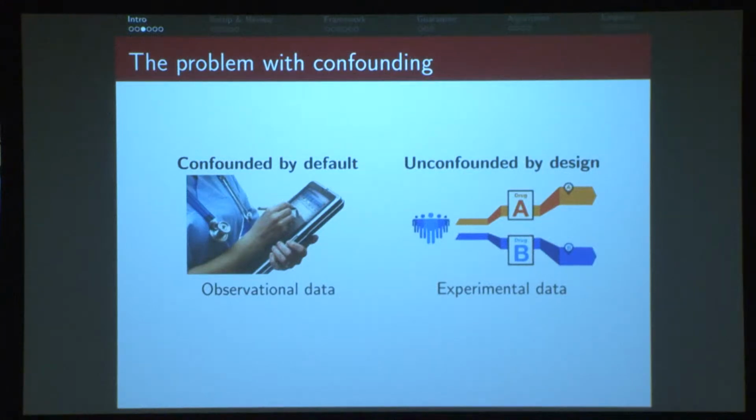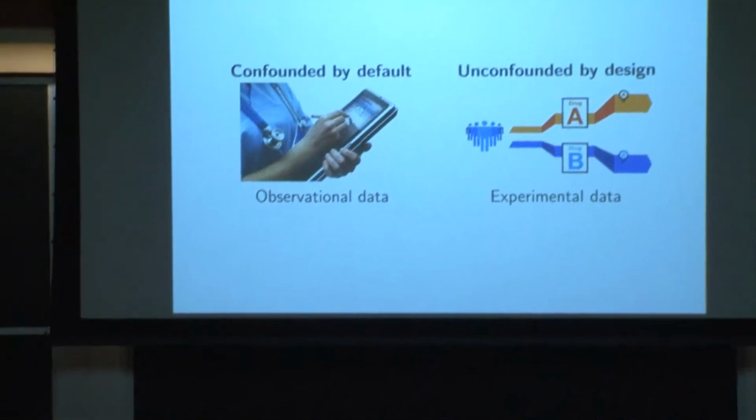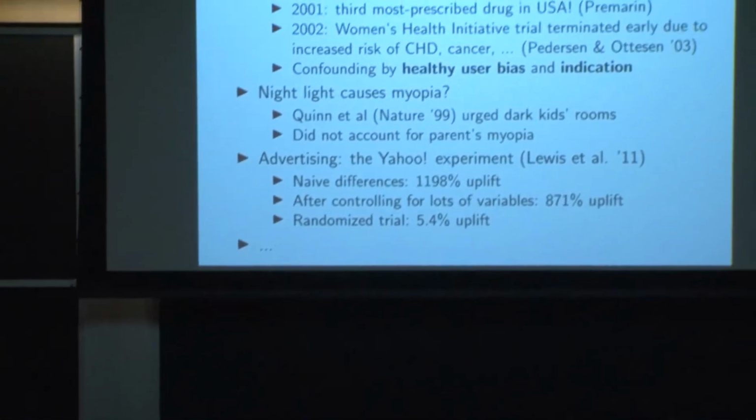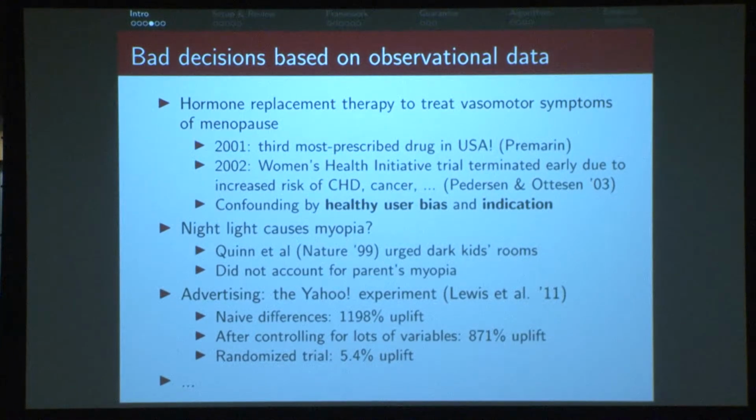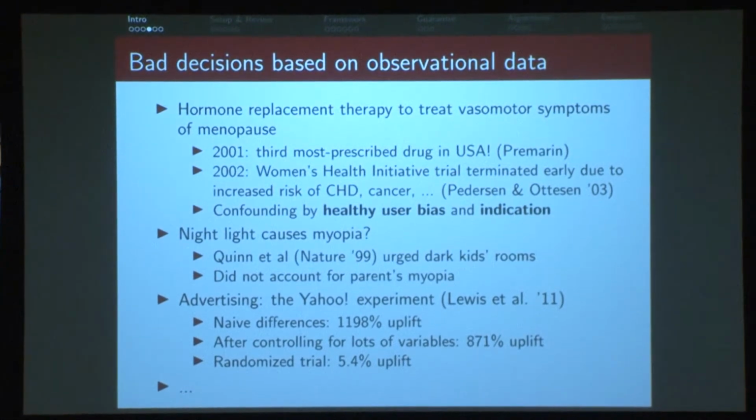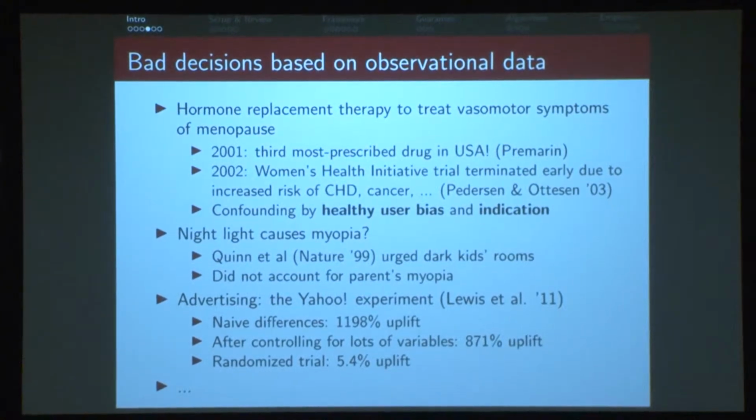And so just to drive this point home that making decisions based on confounded observational data is problematic, I want to show some examples of bad decisions that were made based on biased observational data. And maybe the most prominent example that comes to mind is that of hormone replacement therapy, which was thought to be a safe treatment for the vasomotor symptoms of menopause, okay, stuff like hot flashes.